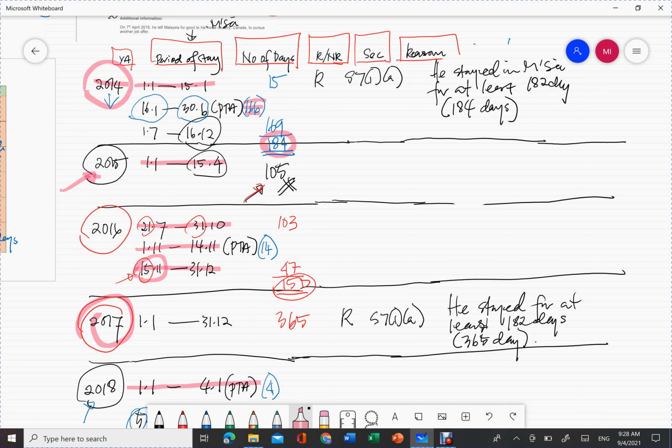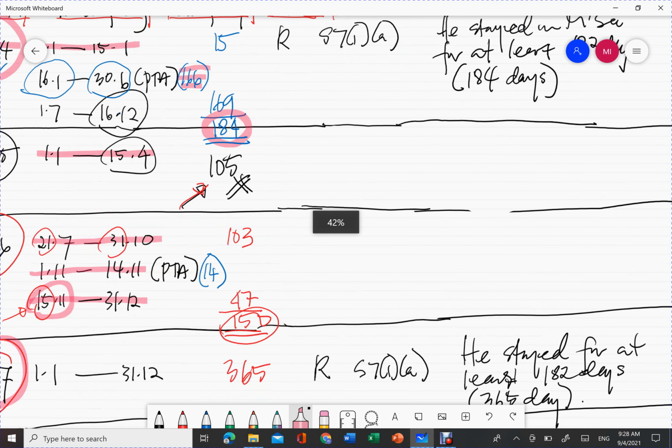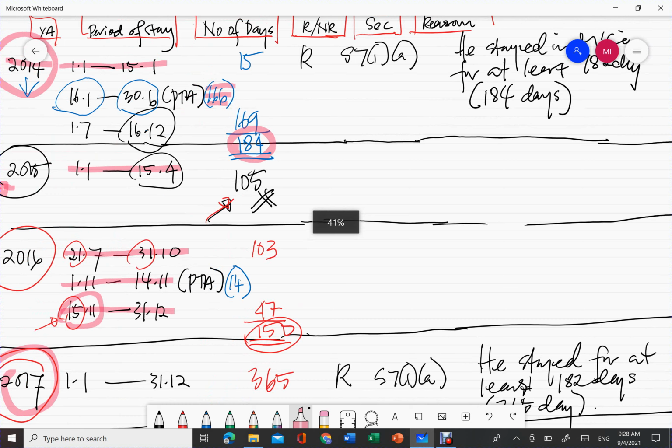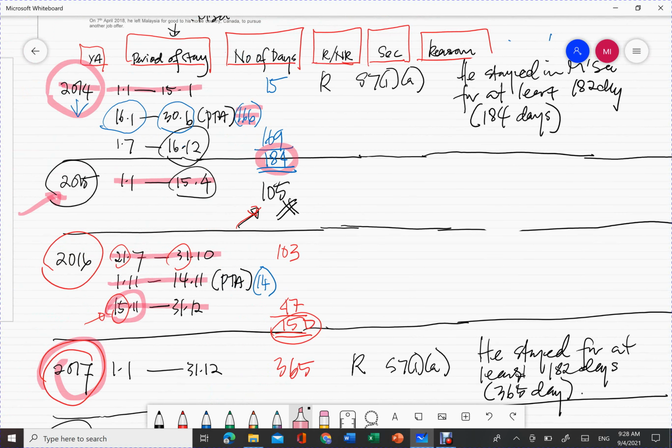71B dia lay out the syarat, dia must be in Malaysia less than 182 days. Lepas tu period yang dia kat Malaysia tu mesti bercantum dengan tahun yang sebelumnya ataupun selepasnya, dan tahun yang dia nak cantum tu must be equal to 182 days termasuk permitted temporary absent. Sekarang ni kita tengok.